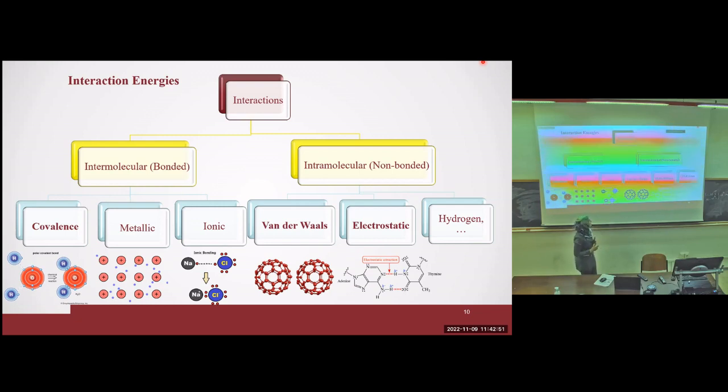And we also have intermolecular interactions. Are you familiar with van der Waals? It is between two atoms that do not share a bond with each other. For online students, maybe it's better that I explain on the screen.